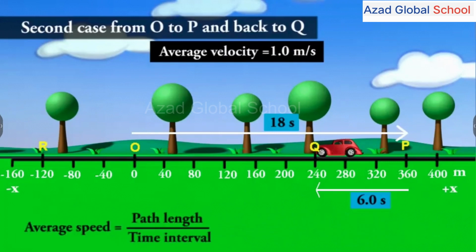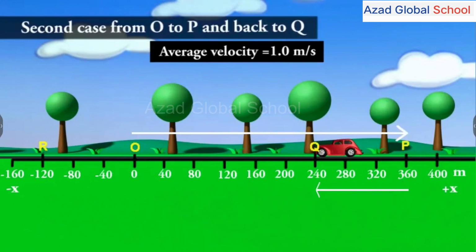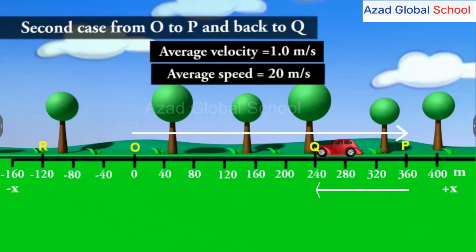Average speed is equal to path length upon time interval, which is equal to OP plus PQ upon T, which is equal to 360 plus 120 meter per 24 second, which is equal to 20 meter per second. Average speed is equal to 20 meter per second.